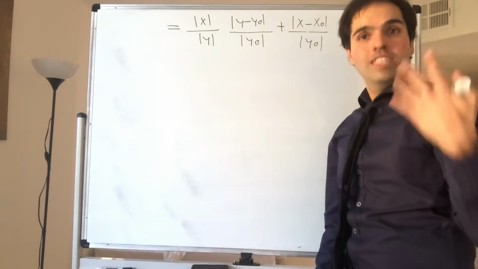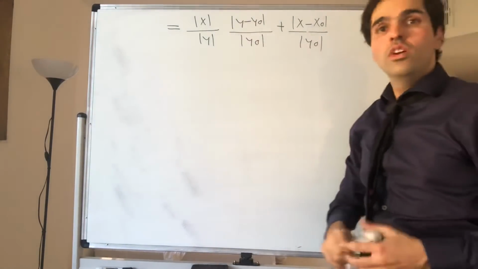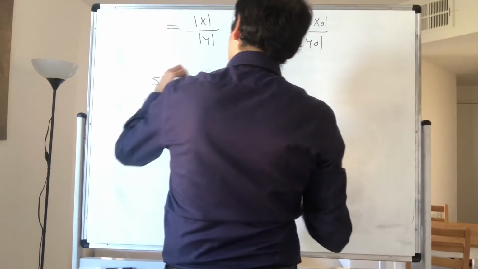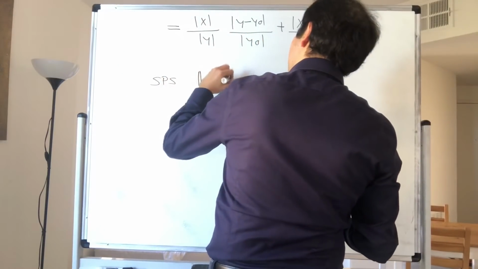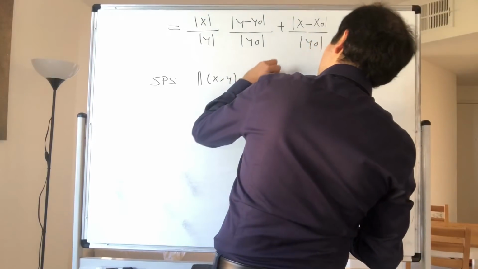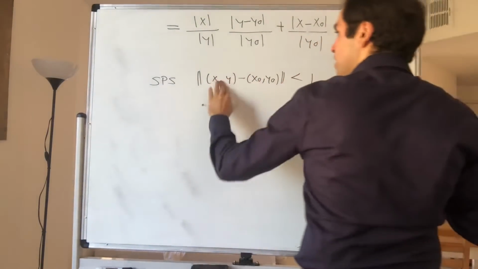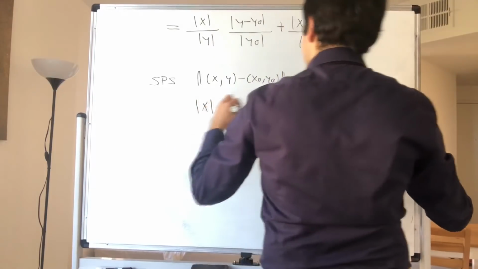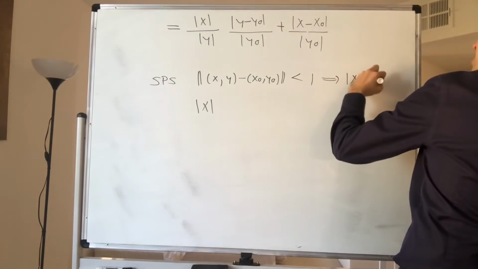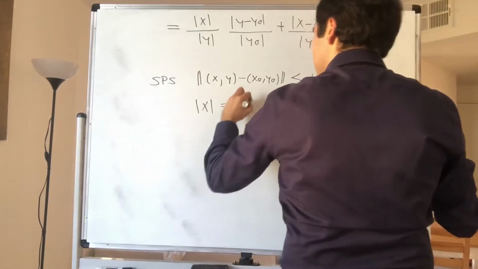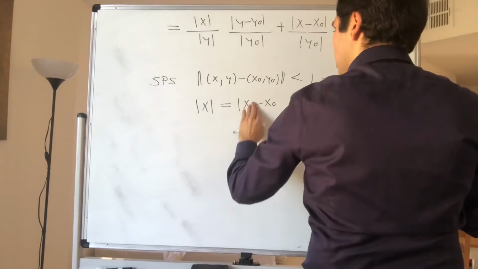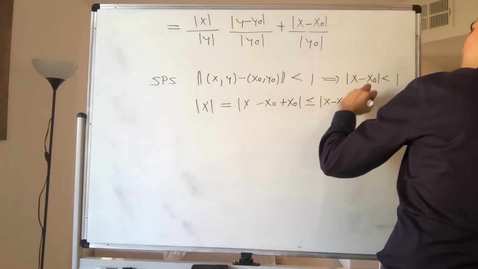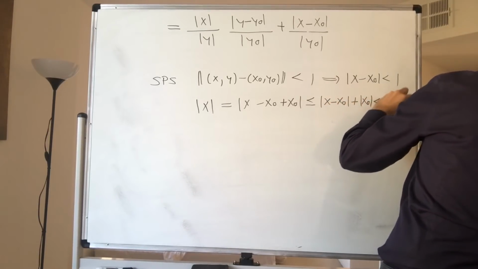However, we can use similar tricks to what we had before to study this, because suppose we have that the distance between (x, y) and (x naught, y naught), if this is less than 1, then for sure we can say, at least for the numerator, that |x minus x naught| is less than 1, so |x| becomes |x minus x naught plus x naught|, which is less than or equal to |x minus x naught| plus |x naught|, and that's less than 1 plus |x naught|.